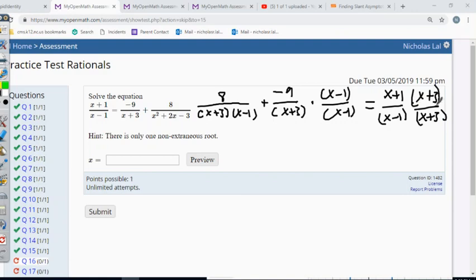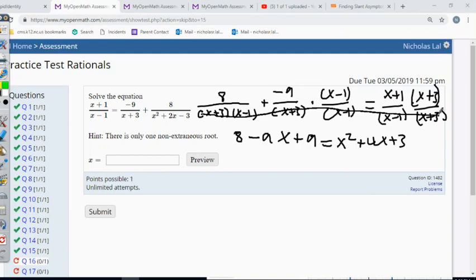Let's get a common denominator. 8 minus 9x plus 9 is equal to x squared plus 3x plus 4. So x squared plus 4x plus 3.